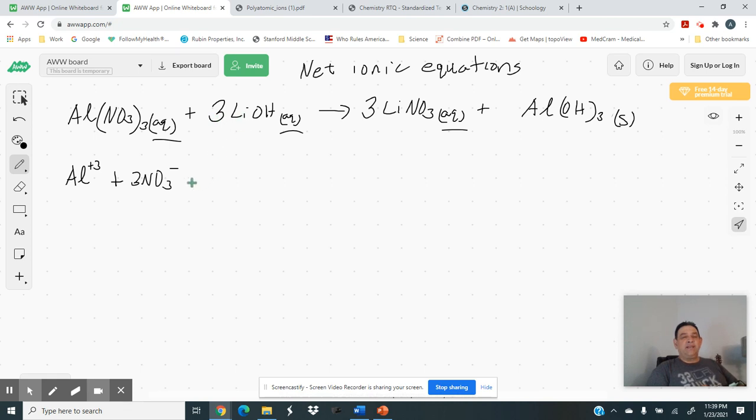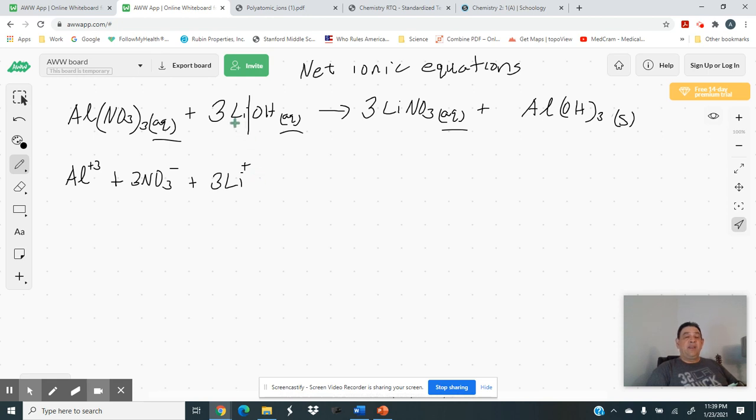Lithium hydroxide breaks up into a lithium and a hydroxide. Remember, OH is the polyatomic ion, so we're really breaking it right there. There's 3 of them, so we're going to end up with 3 lithium ions. Lithium's in column 1, so it gets a +1 charge, which makes sense because hydroxide has a -1 charge.